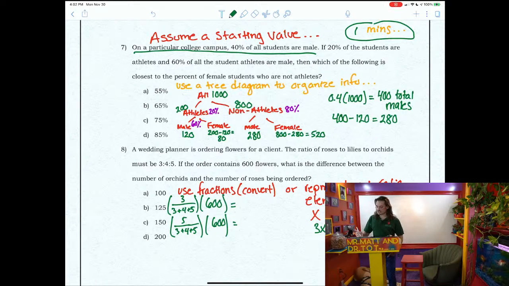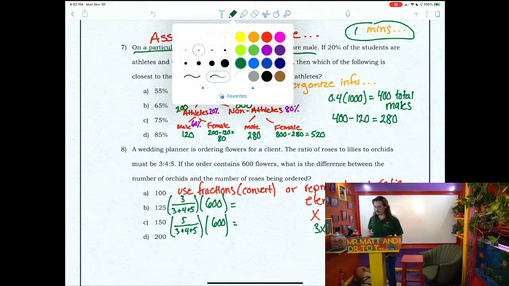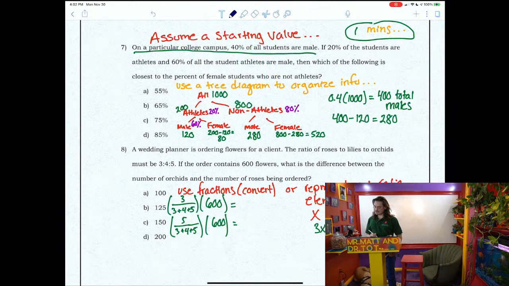And so the question is actually asking me here, what percent of female students are not athletes? So that's going to be the 520 out of the total 80 plus 520, or 600 female students. So notice the denominator here is not the total number of students at the university, it's the total number of female students.